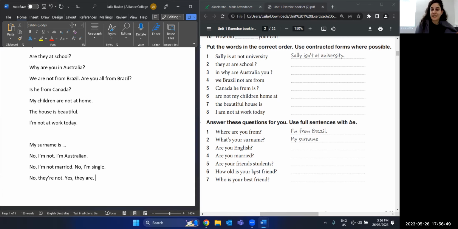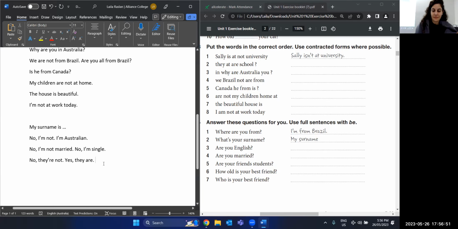How old is your best friend? How old? She? Yeah, or maybe he for some. He is, because we use is, the verb to be, when we talk about age. He is, whatever, 30 years old. He is 30 years old, or she is 30 years old.